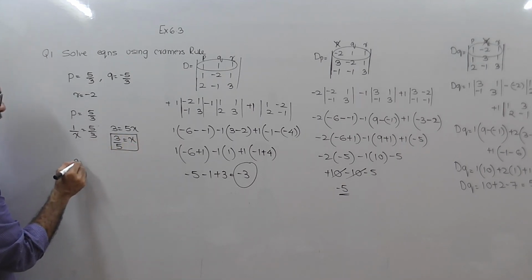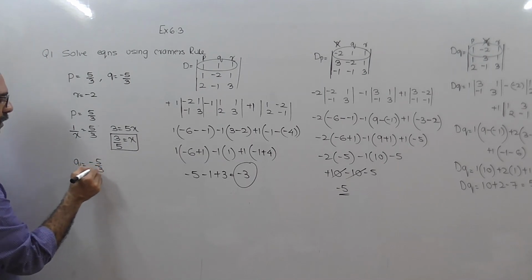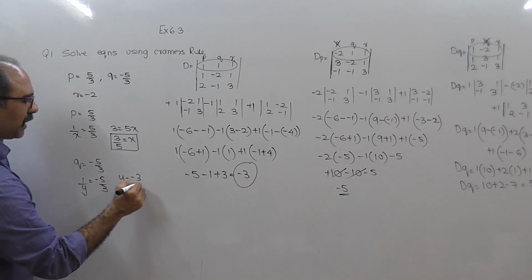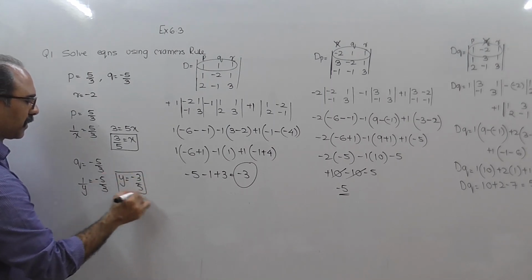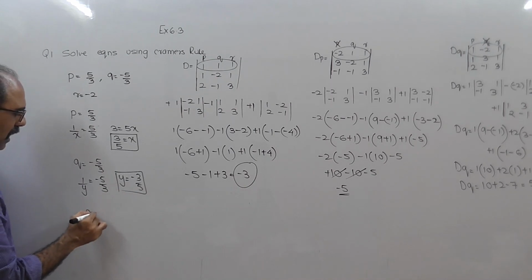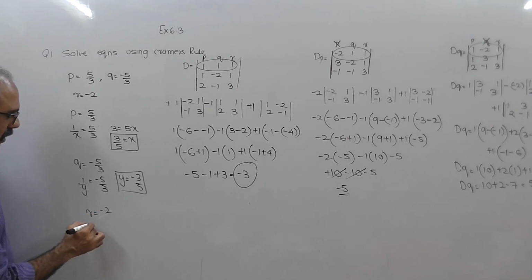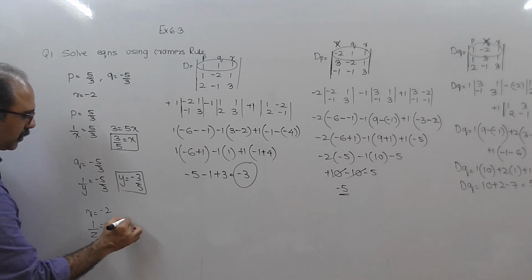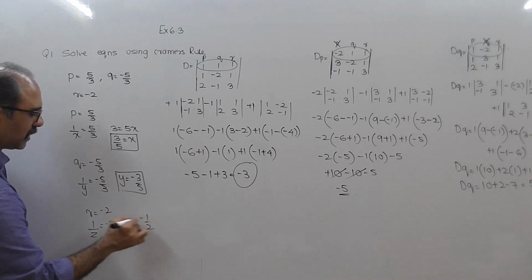Then you will have q equal to minus 5 by 3. 1 upon y equal to minus 5 by 3. Y equal to minus 3 by 5. Then you have got r equal to minus 2. R is what? 1 upon z equal to minus 2. Therefore, z equal to minus 1 upon 2.